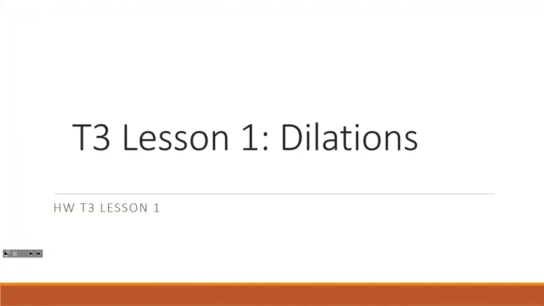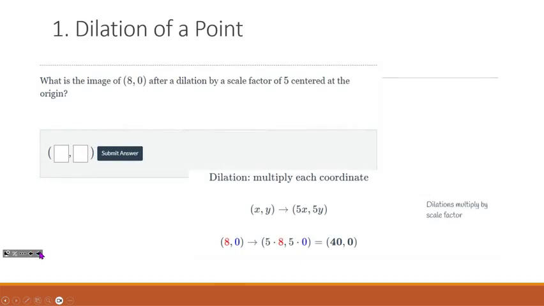Okay, this is for T3 Lesson 1 dilations, and I'm going to work the homework problems from the Delta Math assignment. Okay, this one says, what is the image of (8, 0) after dilation by a scale factor of 5? Scale factor of 5, I'll put SF, or some of you may notice K is 5. So if the scale factor is 5, this is going to be an enlargement.